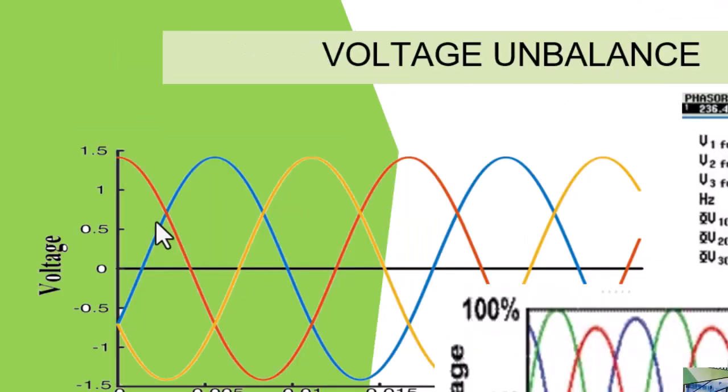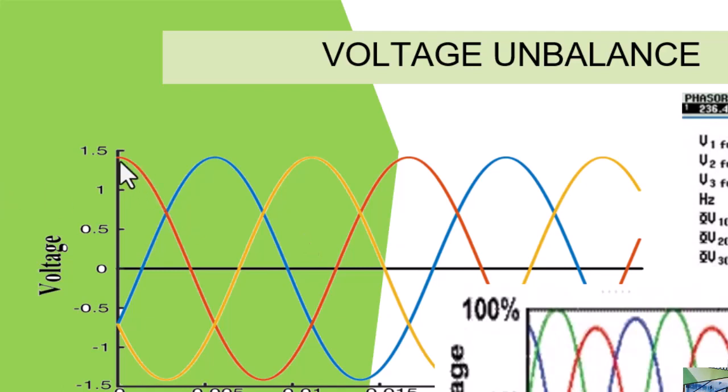So let's look at the voltage unbalance. Like we said earlier, the three phases of the power supply must be at the same level, the same magnitude. So if the supply is indicated 415, it means that the phase to phase must be 415.